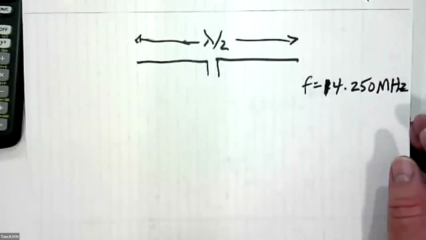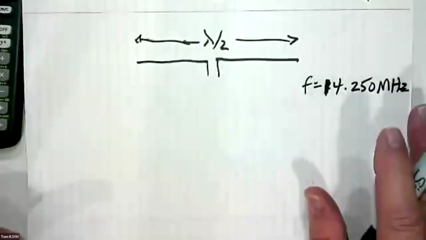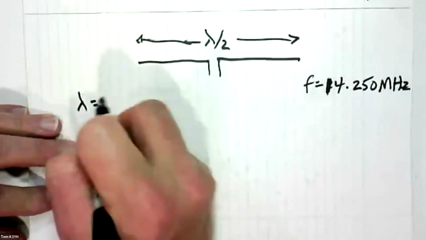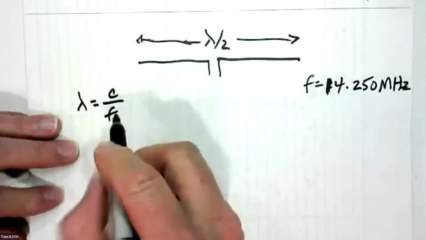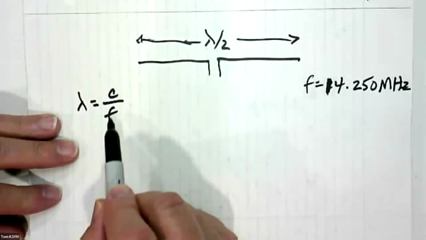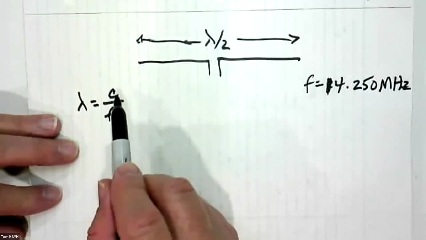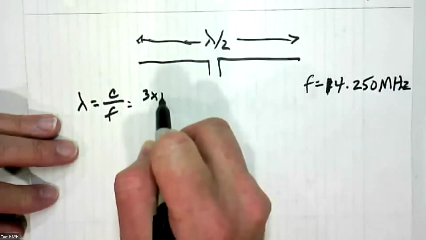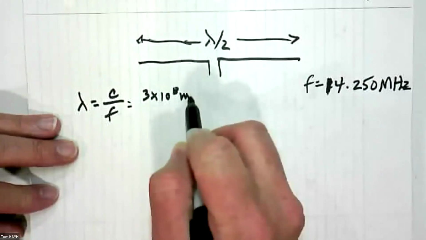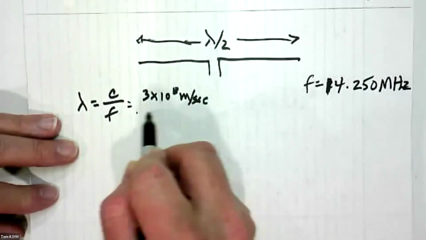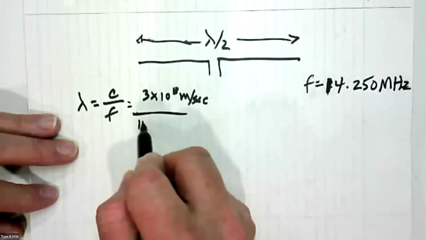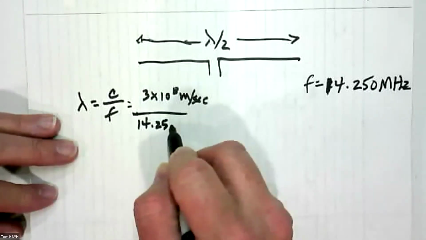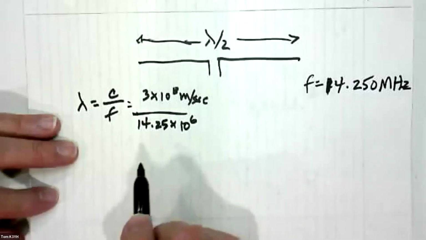Okay, now you can do all kinds of calculations here with lambda equals c over frequency, where lambda is wavelength, frequency is frequency, and c is the speed of light. So lambda in this case, the speed of light is about 3 times 10 to the 8th meters per second, and the frequency he gave us is 14.25 megahertz, so it's 14.25 times 10 to the 6th.